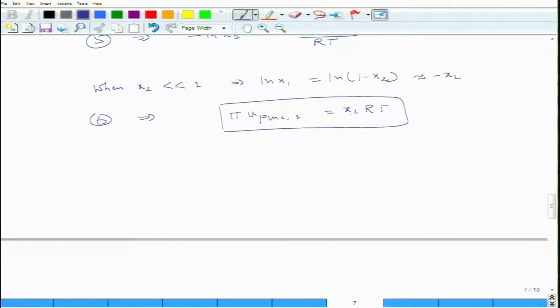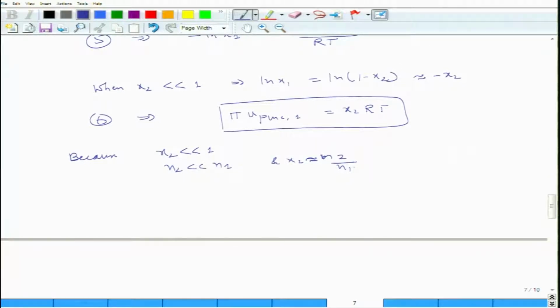Now, I can replace this x in terms of the moles also. Because x2 is much less than 1, this implies that n2 is much less than n1, and we can write x2 approximately as n2 by n1 because n2 is very small.